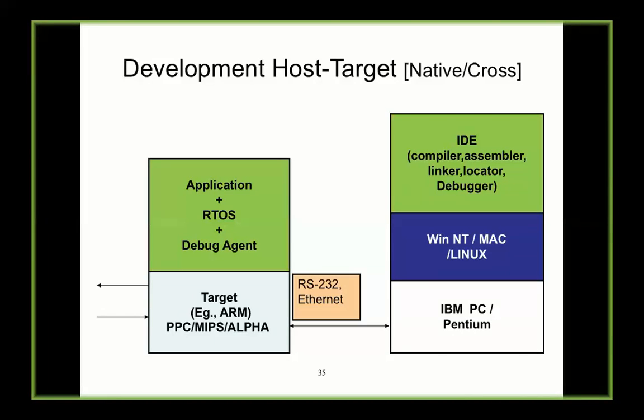you download those software components onto your hardware. The hardware may be your PowerPC, MIPS, or Alpha, or ARM architecture. And then it might have some application, RTOS, and debug agent built together in a single image or segregated into images with different partitions on MTD.